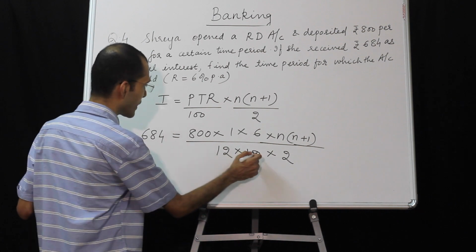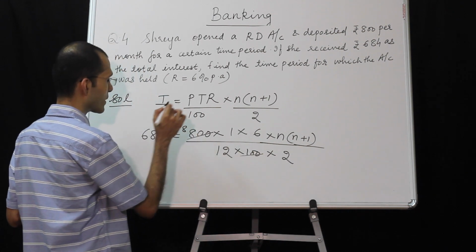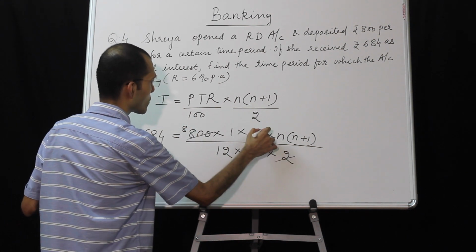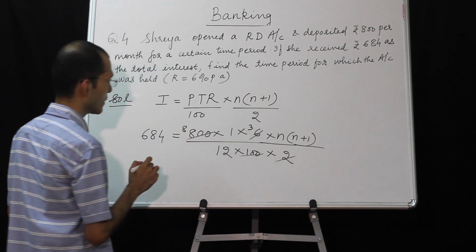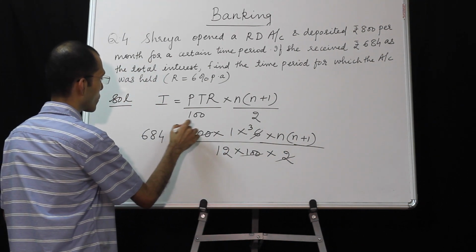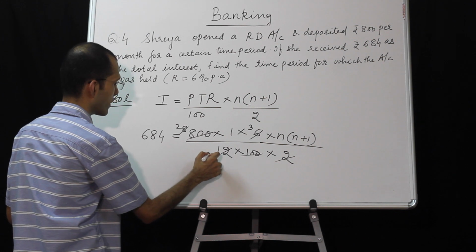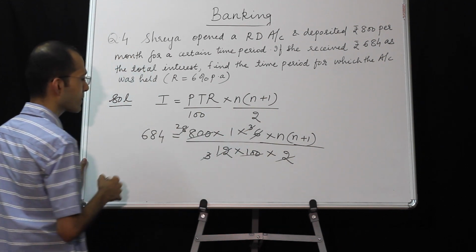Let us see what can be cancelled. 100 will go 8 times, 2 will go 3 times, 4 2s are 8, 4 3s are 12, 3 and 3 will get cancelled.